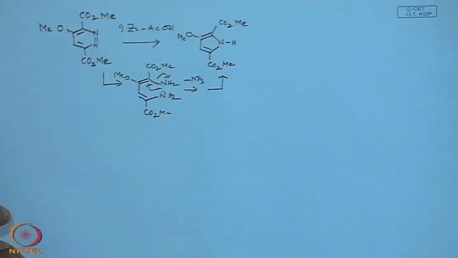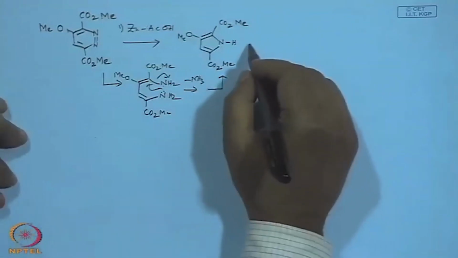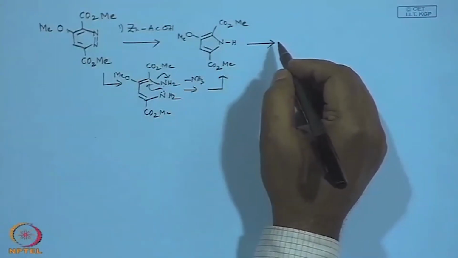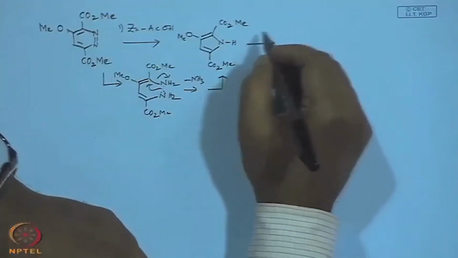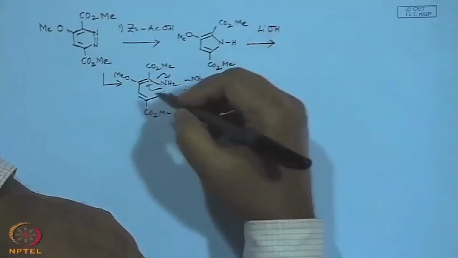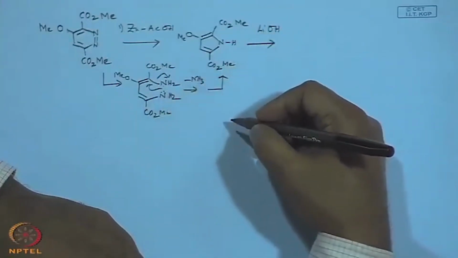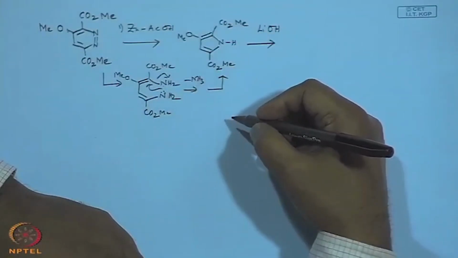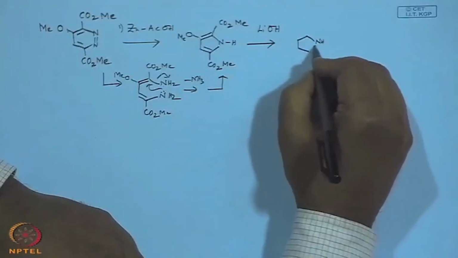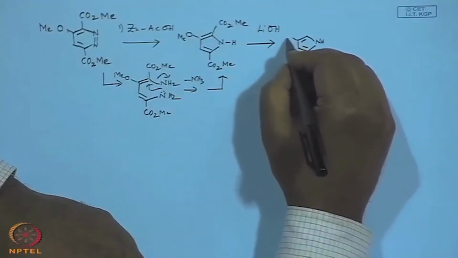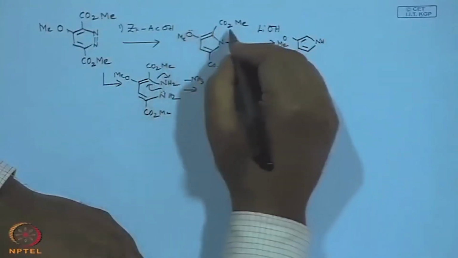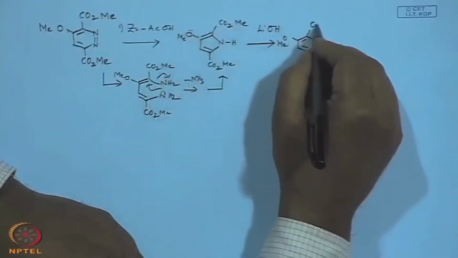And then this compound, let us just quickly review a little bit of the pyrrole chemistry here. If you treat with lithium hydroxide, in the last class I talked about that one of the ester groups should be hydrolyzed, and selectively the pyrrole groups remain intact, O methoxy remains intact, and because of this lone pair effect of this oxygen, this ester is not hydrolyzed.